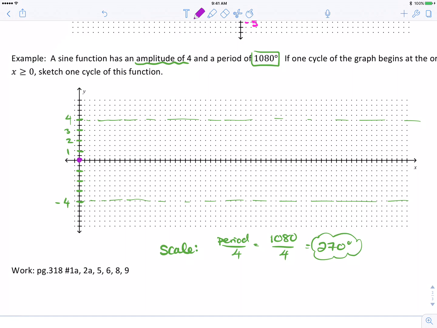If one tick is 15 degrees, if I'm talking 270, it means that I'm going to go 18 ticks every time. So 1 tick is 15 degrees. So therefore, I need 18 ticks to get to 270. Okay, so let's just see how this works. 1, 2, 3.